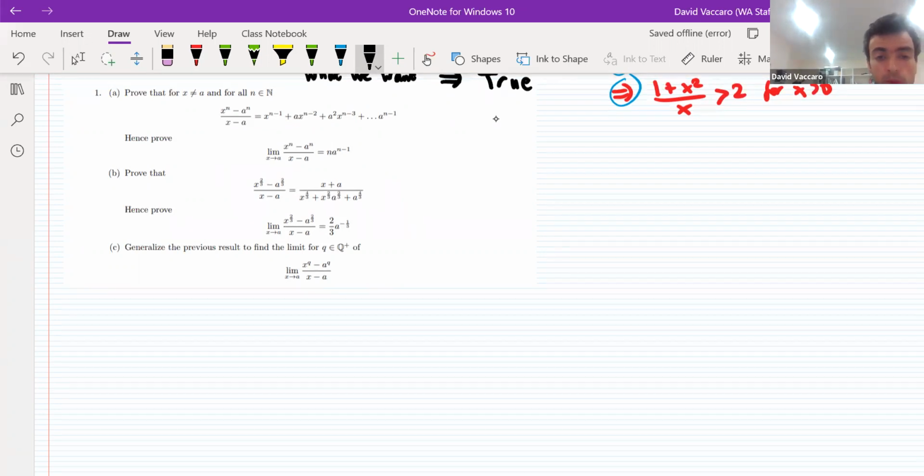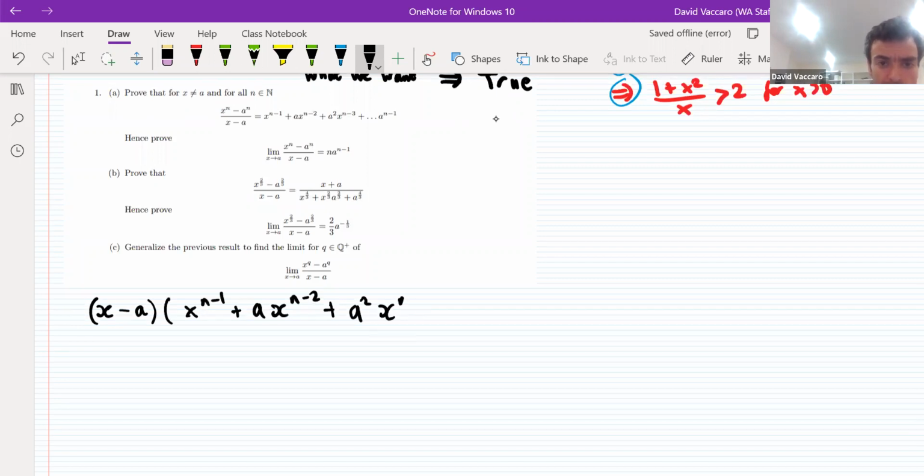So we would just lay this out as probably it's easier to do the multiplication rather than the long division. But if I multiply x minus a by x^(n-1) plus a x^(n-2) plus a^2 x^(n-3) plus ... a^(n-1).